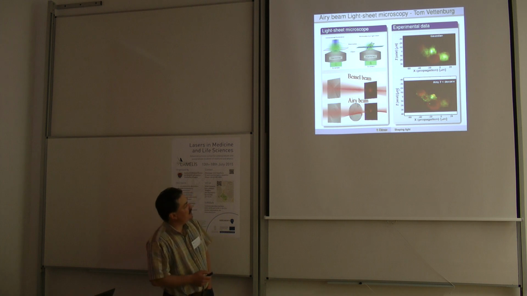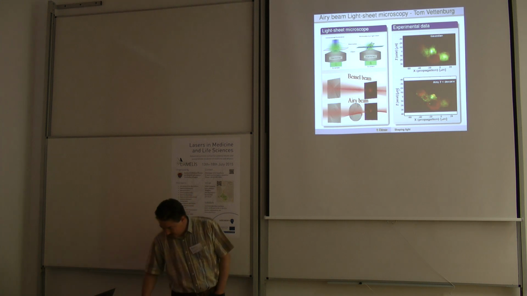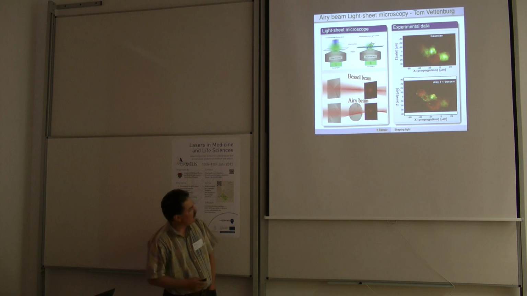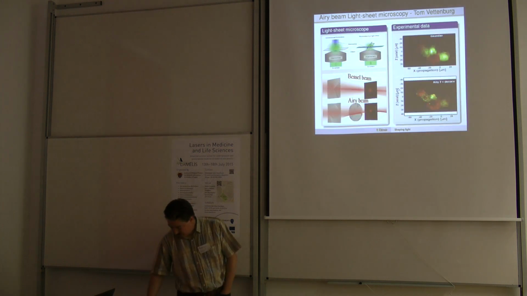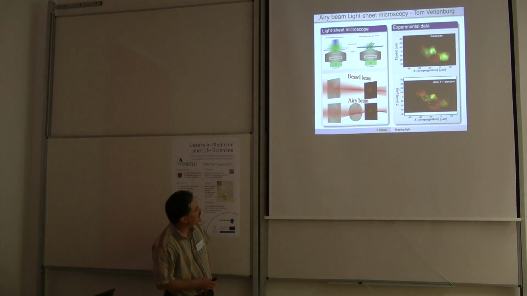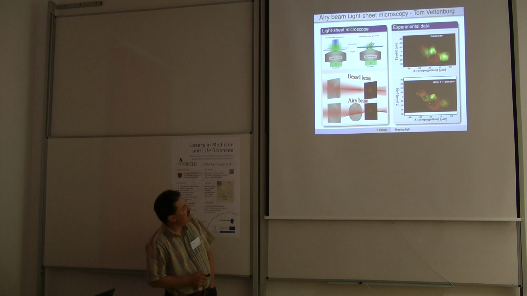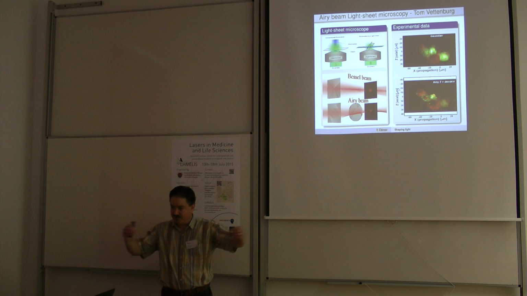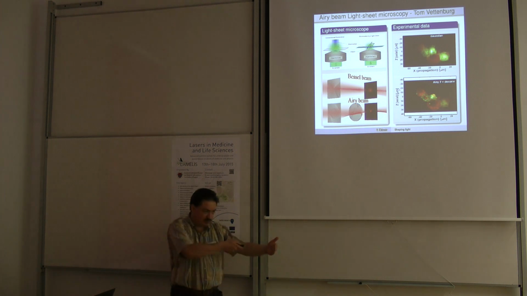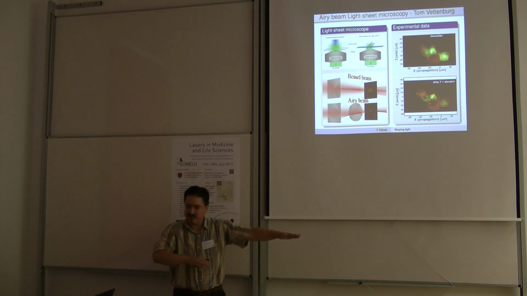This is a project that I've been only partially involved in. It was an idea of my colleague and friend Tom Vettenburg, who is now in Madrid, when we were both in St Andrews, where he was still a postdoc in the group of Dholakia. So you would say that maybe the Bessel beam is a good candidate, right? It's a nice and narrow field, and all we need to do is just scan it, right? Make it a nice plane.